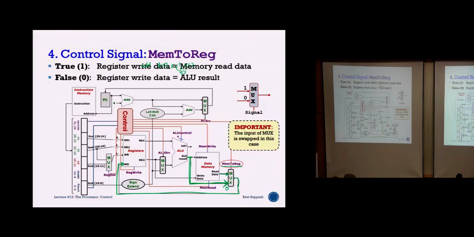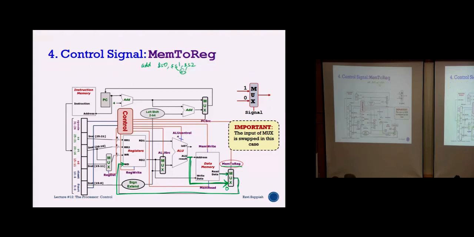Okay, so when I say mem to register is 0, then the data from here will go through. When I say that my instruction is, for example, a load word instruction, what is happening?